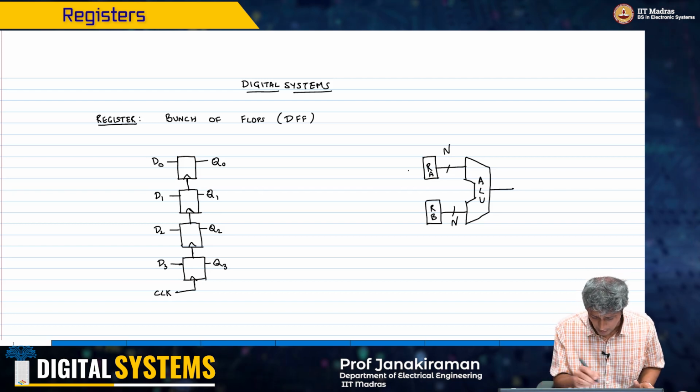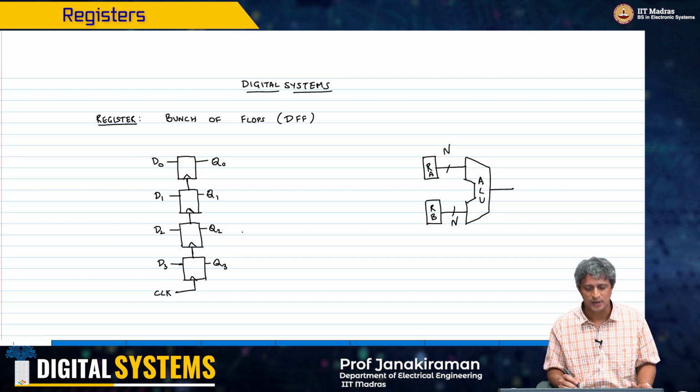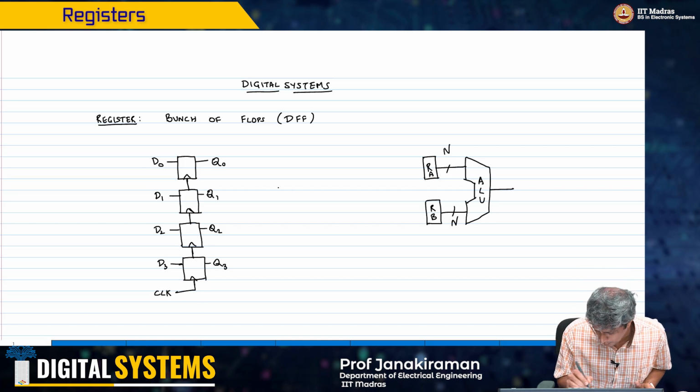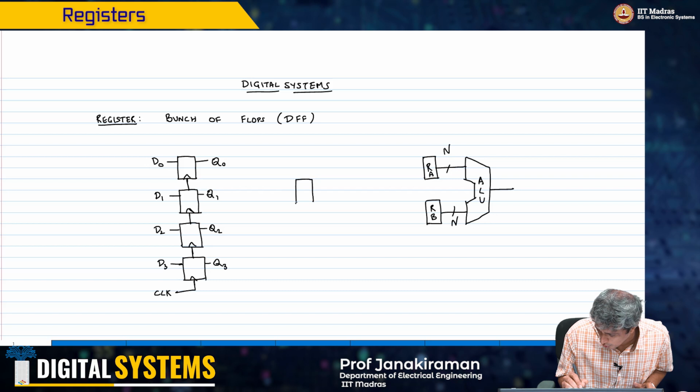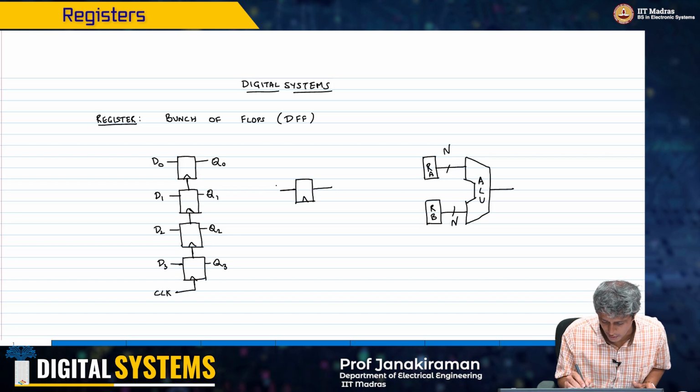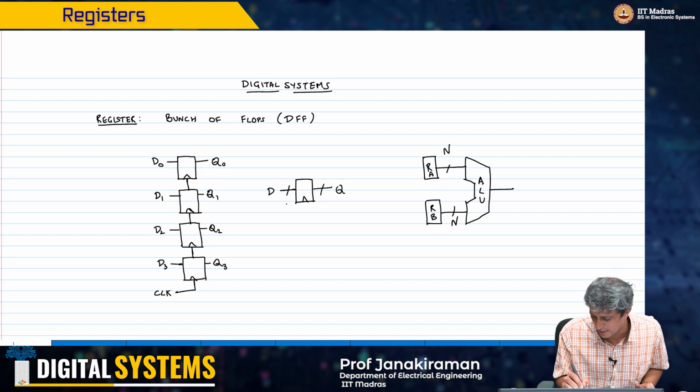So typically when we represent this bunch of flops, right, we may not necessarily get into drawing all n of them. We will just say, if it is possible to show it like that, we will call this D, we will call this Q, and then this basically means it's an n-bit number.